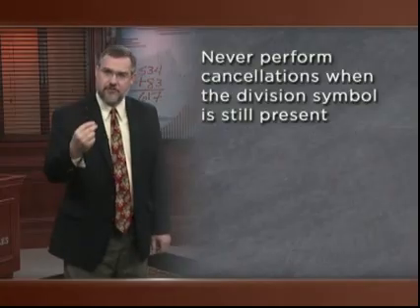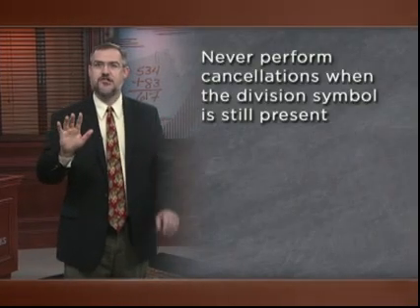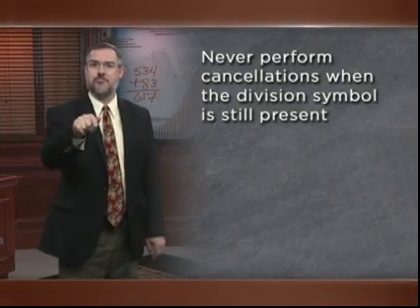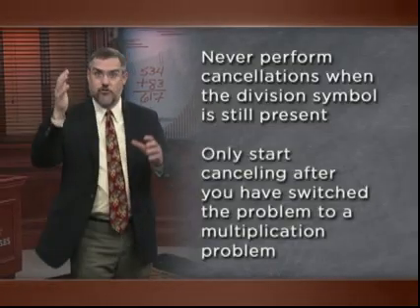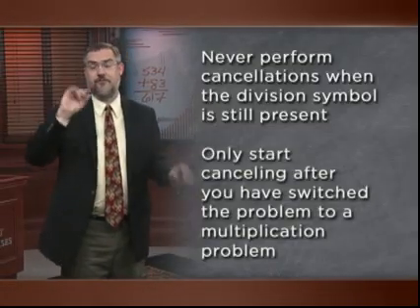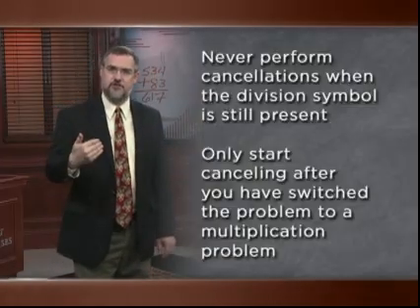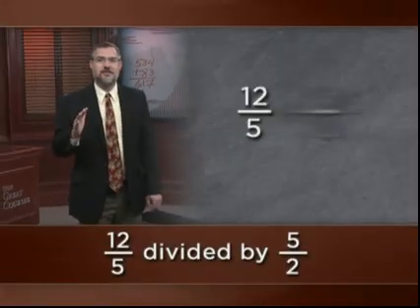You should never perform cancellations in a division problem like this when the division symbol is still present in the problem. You can only start canceling the numerators and denominators in different fractions after you have switched the problem from a division problem to a multiplication problem. So what does that mean in this example?